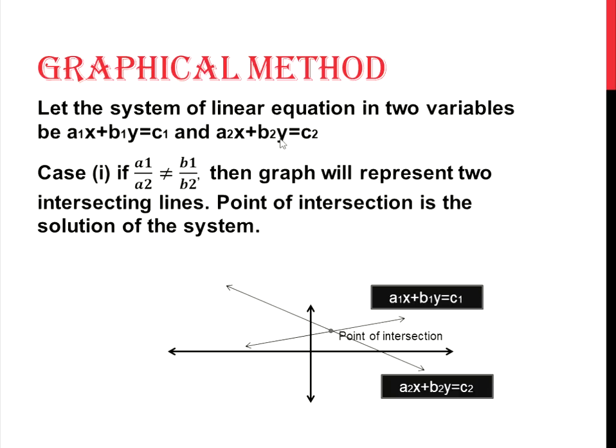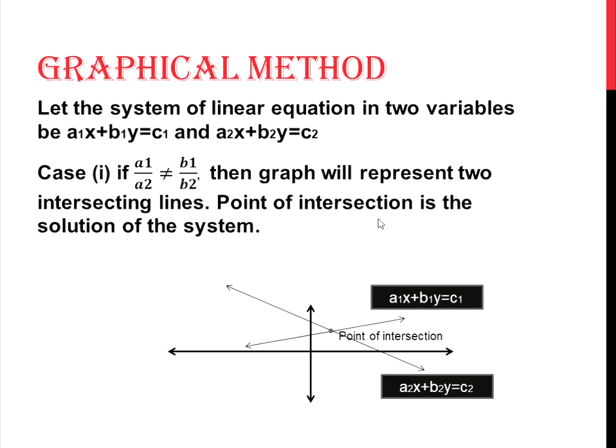Let the system of linear equation in two variables be a1x plus b1y equal to c1 and a2x plus b2y equal to c2. Case 1. If a1 upon a2 is not equal to b1 upon b2, then graph will represent two intersecting lines.